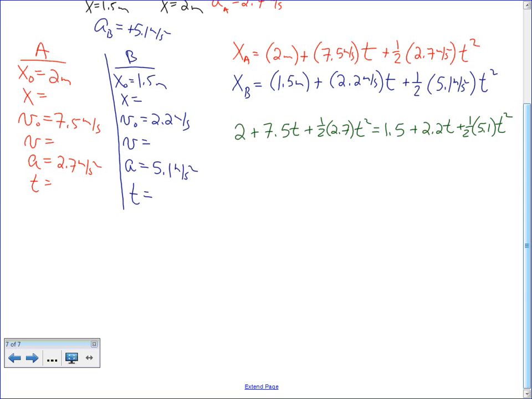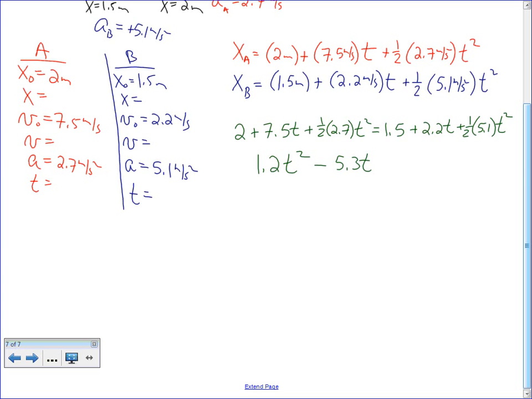So the first thing that I'm going to need to do is just subtract everything over. So 1/2 times 5.1 minus 1/2 times 2.7, that gives me 1.2 t squared. And then 2.2t minus 7.5t, that gives me negative 5.3t.